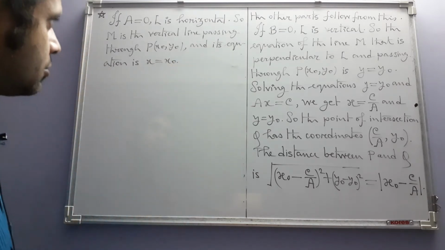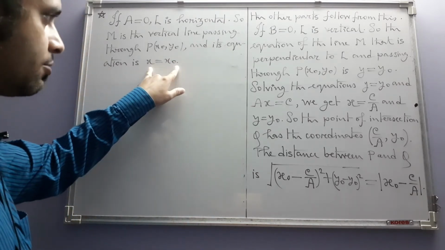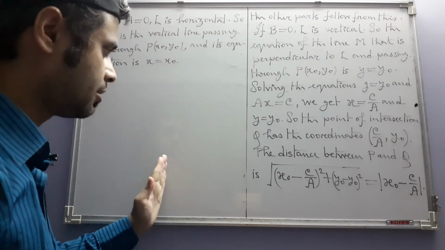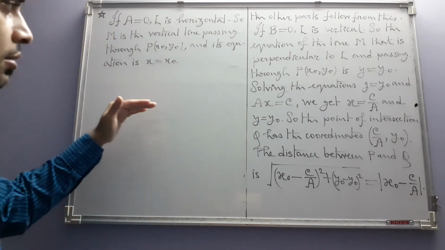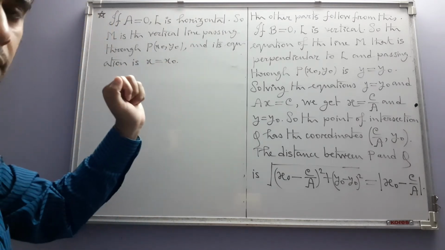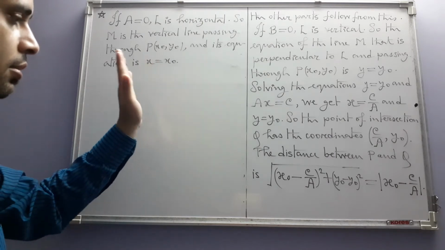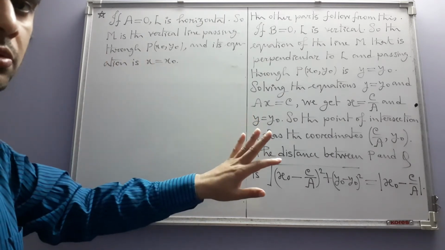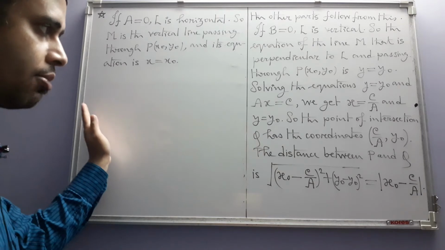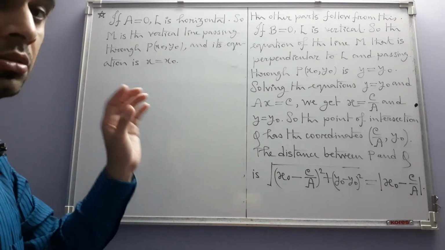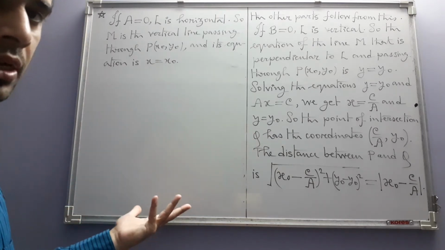Now we have to solve again two equations: x equal to x naught, that is the vertical line m, and the horizontal line L, whose equation now is by is equal to c, where because now a is 0, capital B is not 0, otherwise it won't be a line.